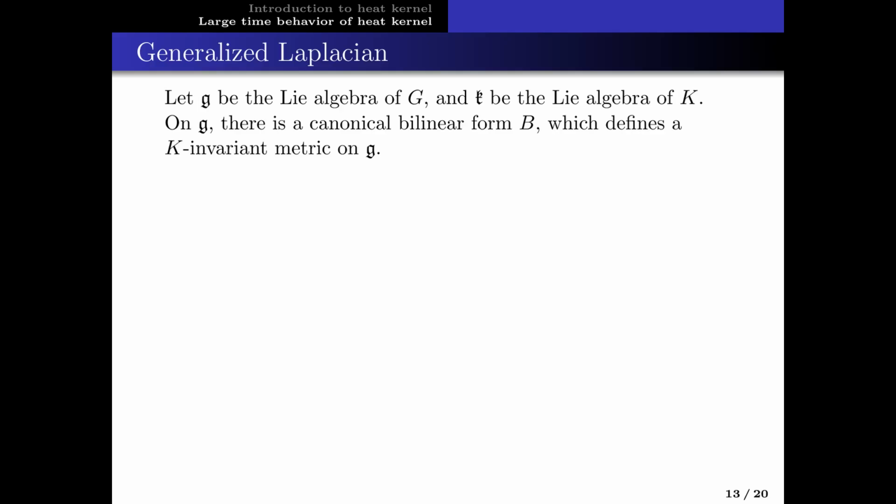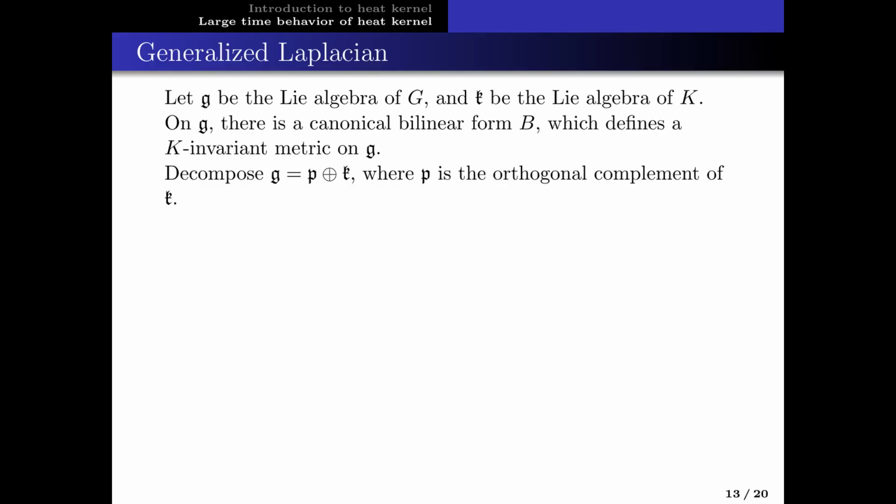Now, the nice thing about working with this class of reductive groups is that we have a nice canonical bilinear form on this Lie algebra g. This is usually called the Killing form. We'll use that to define a metric. This bilinear form is actually K invariant.